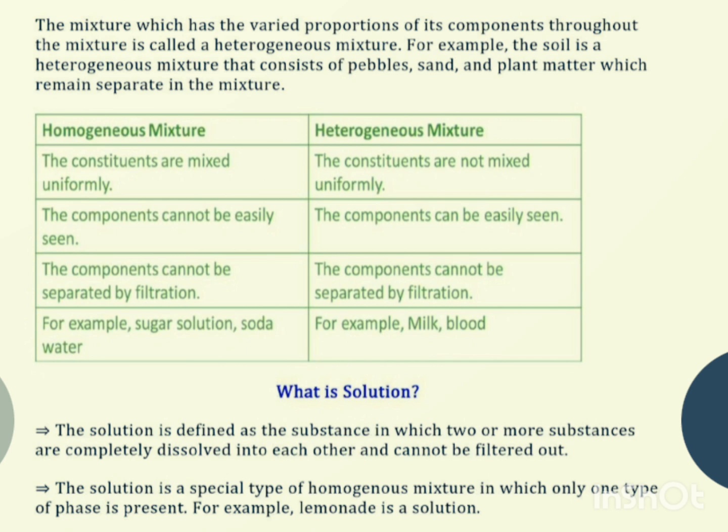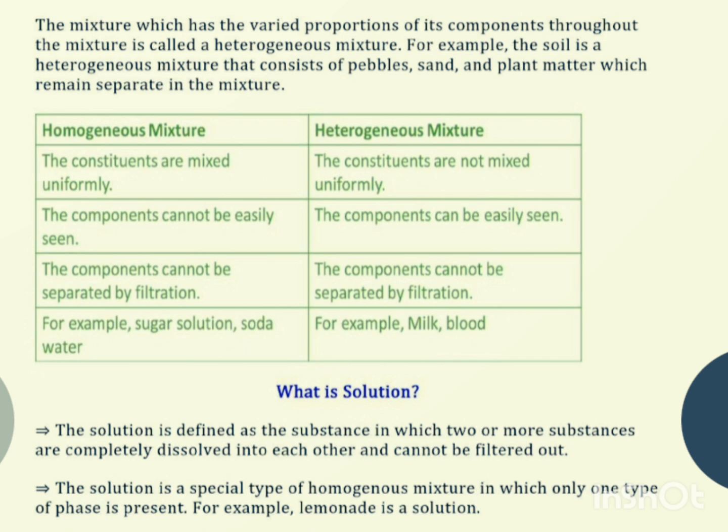Examples are sugar solution and soda water for homogeneous, and milk and blood for heterogeneous. So these are the differences between homogeneous and heterogeneous mixtures.